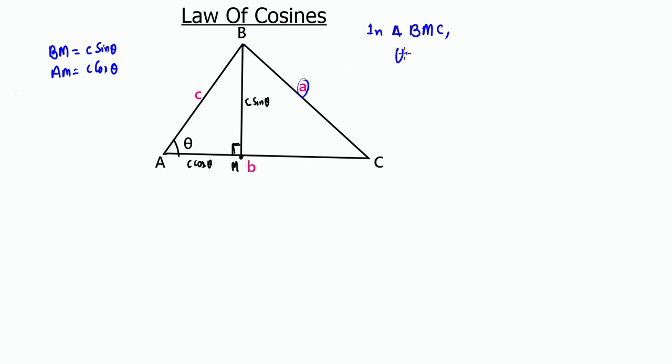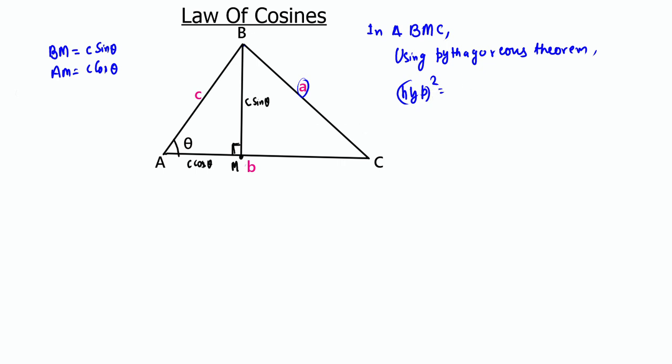The Pythagoras theorem says that the square of the hypotenuse is equal to the sum of the squares of the other two legs.